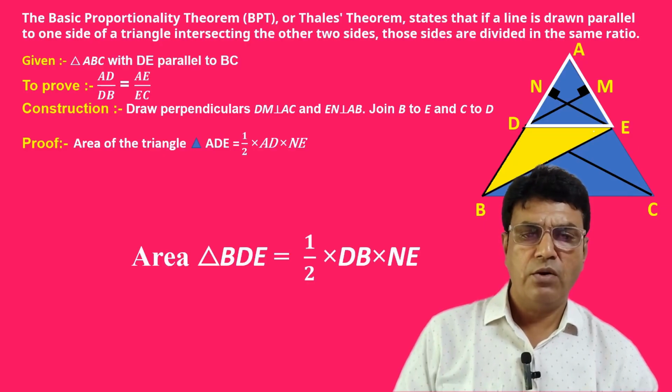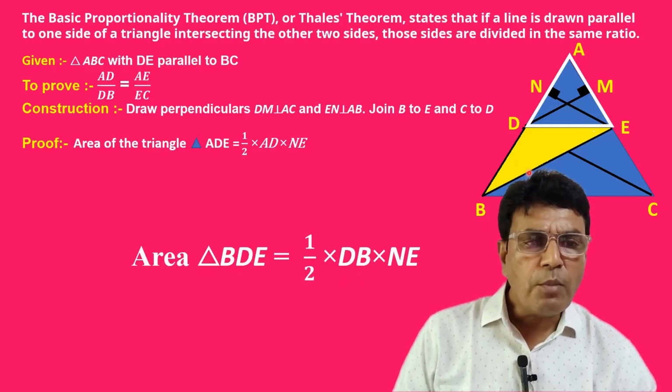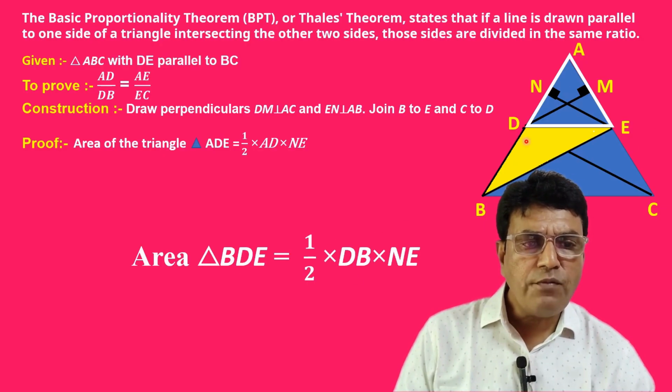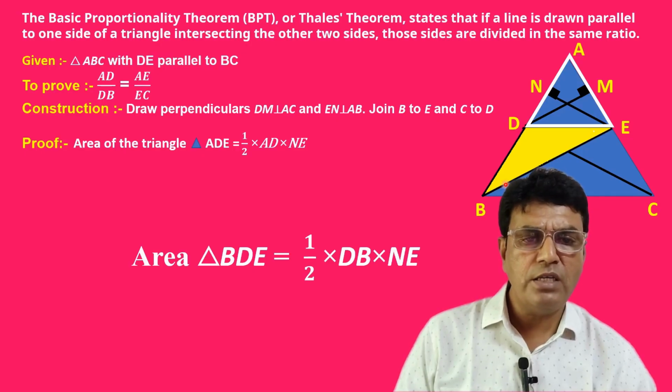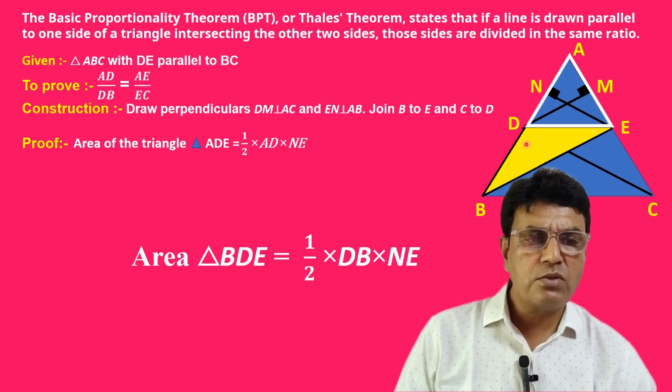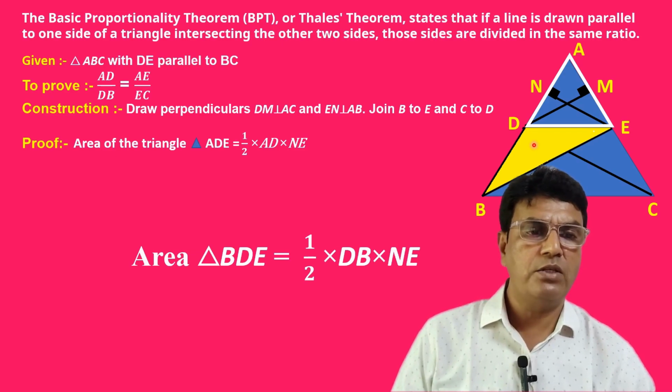Next, along the same line AB, along this base AB lies one more triangle, and that triangle is triangle BDE. If you observe this triangle, we find that it is an obtuse angle triangle.